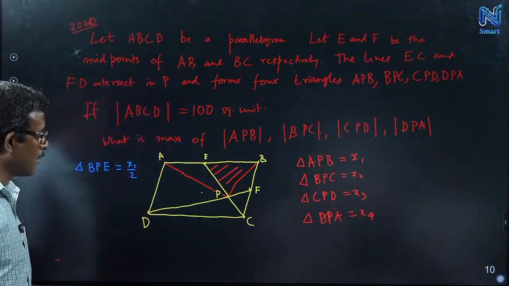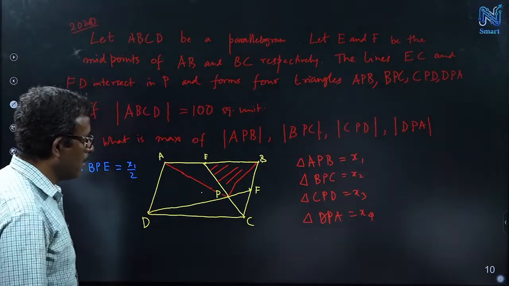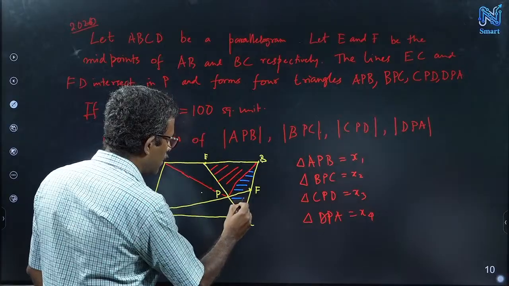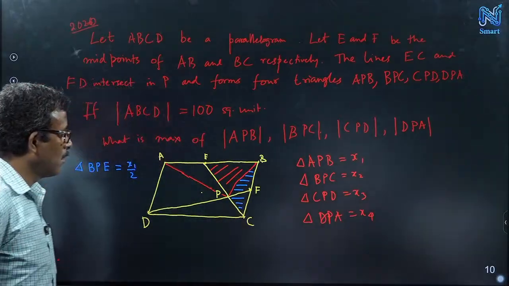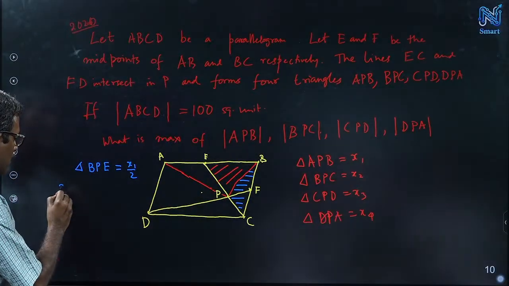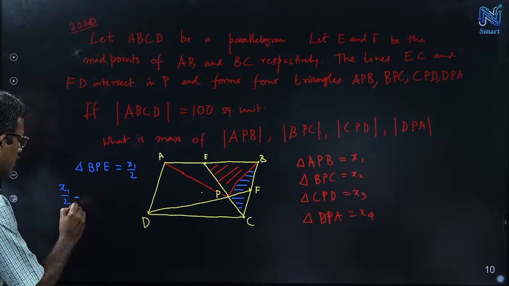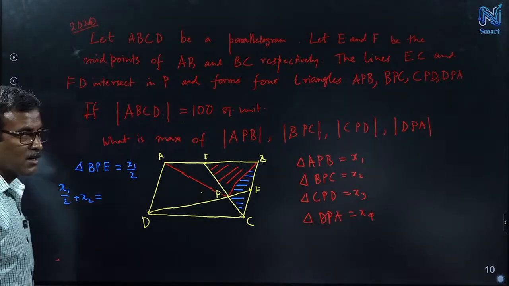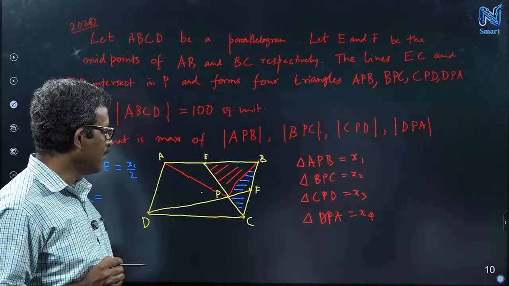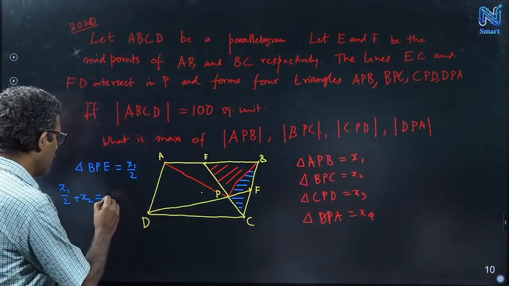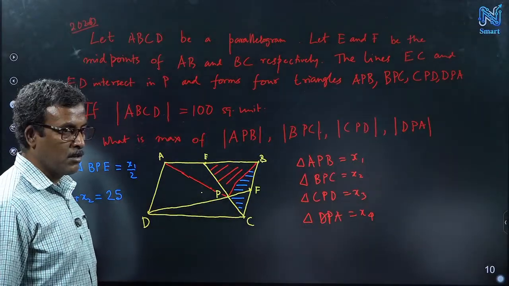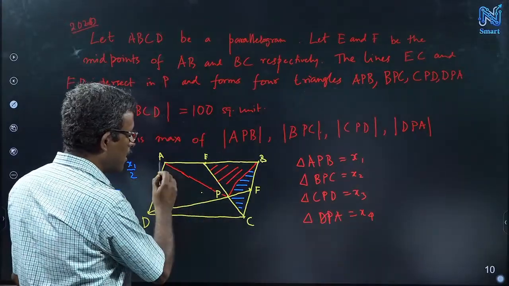Right. Then you know this area. This is x2, right? Then if you add x2 and this one, what happened? x1 by 2 plus x2, it is what? Is it 25? No. What is the area of ABC?